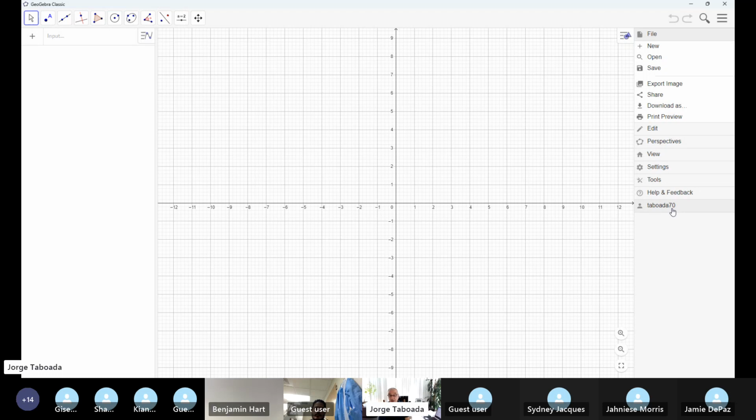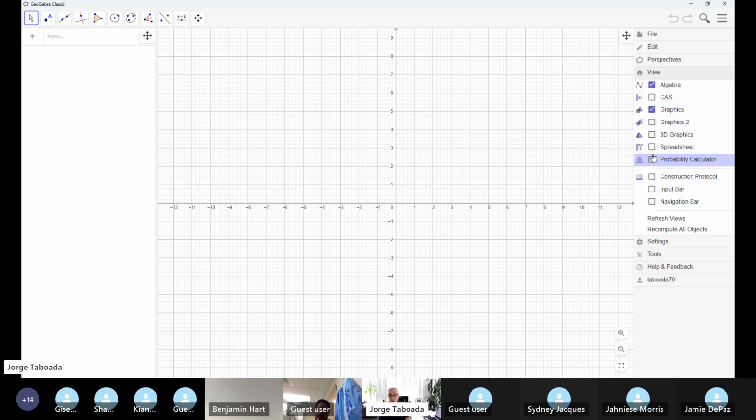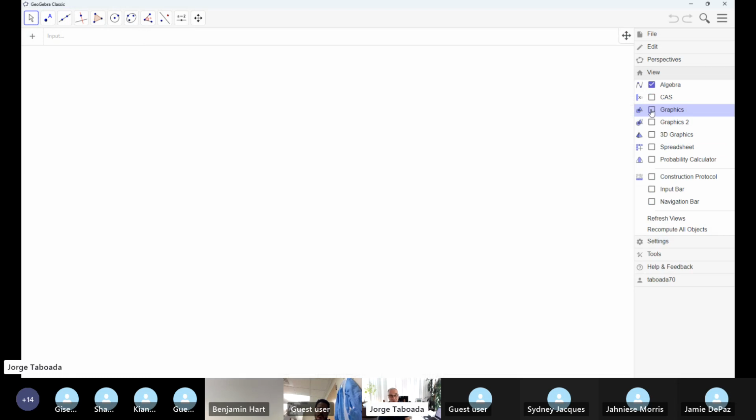Now you change the view, because for working with matrices you need another view. You click on view, and I don't need graphic, so I delete graphic. I have only one window, that is algebra. But you turn on CAS. CAS is computer algebra system. It is the brain.